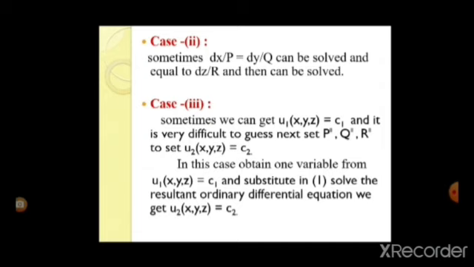It is the set of ordinary differential equations that we kept as equation 1. In that equation we substitute and solve the resultant ordinary differential equation. While substituting and solving that differential equation, we will get the next family of curves u2(x, y, z) equal to c2. In case 3, we can find the general solution by doing this process.